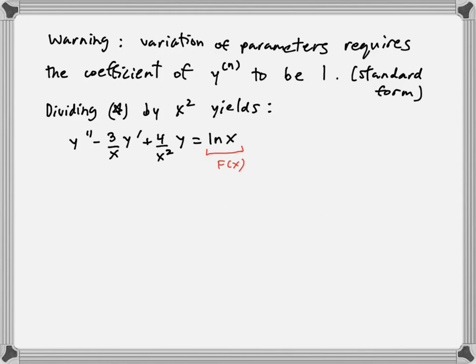So remember, we set up our yp. We know that yp is going to be u1 x² plus u2 times x² ln x. Where did I get this from?